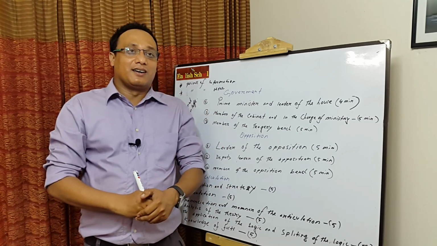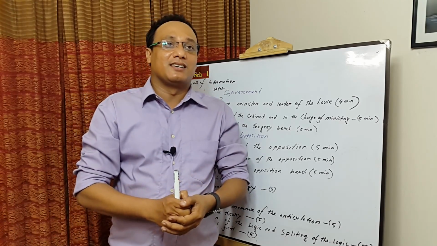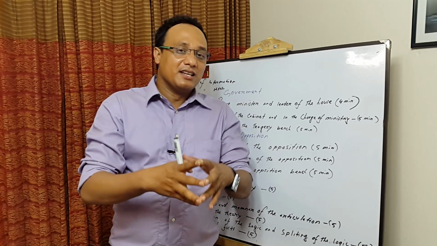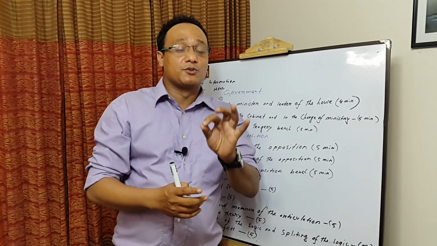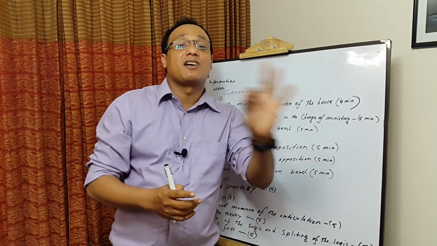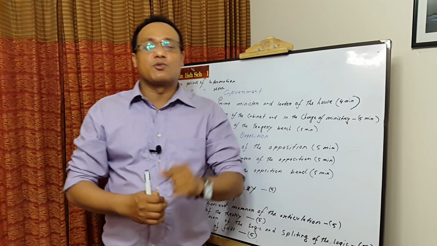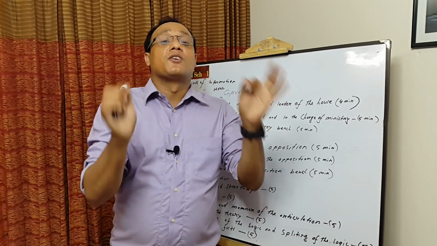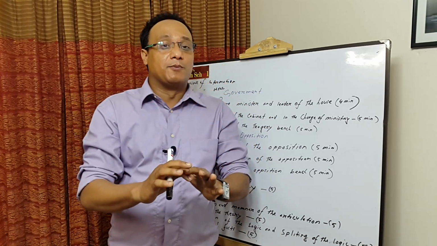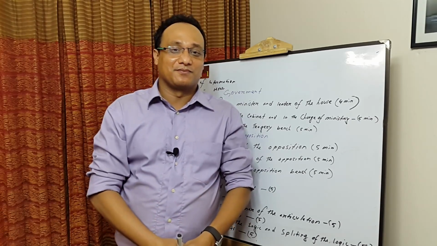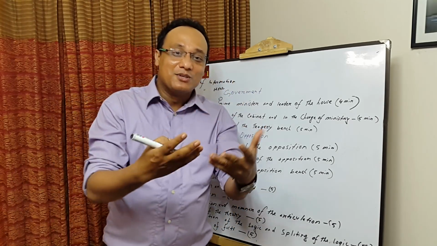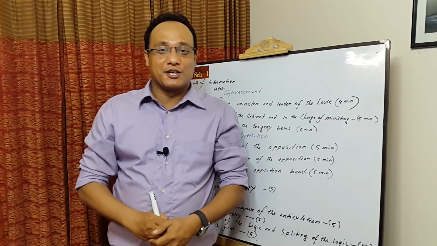Another example: my opposition speaker has said that this year around 2 lakh candidates will struggle for the BCS exam. That is wrong information. This year, about 4 lakh people will struggle for the BCS.